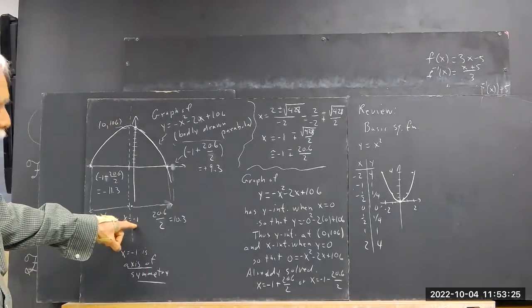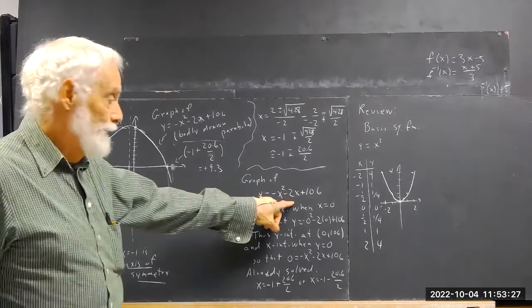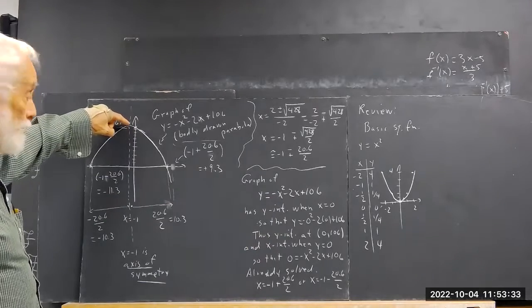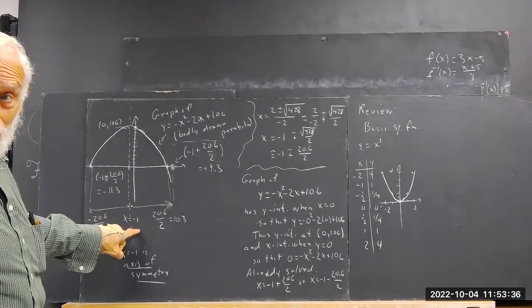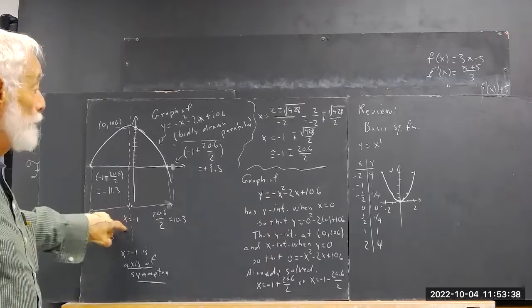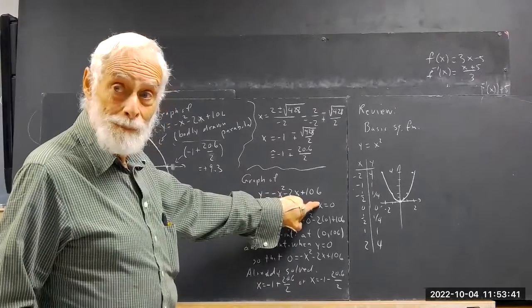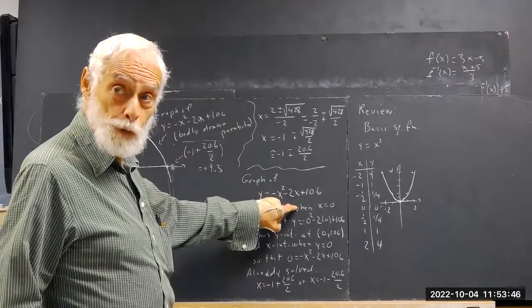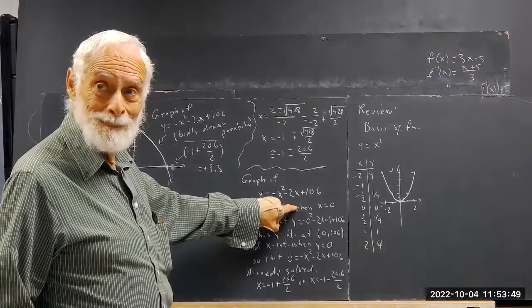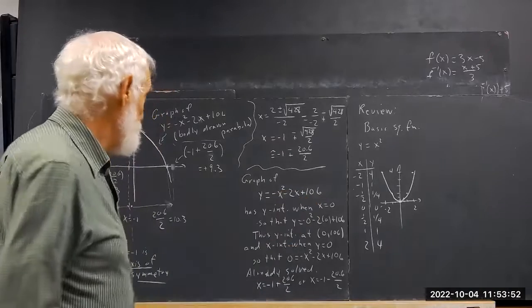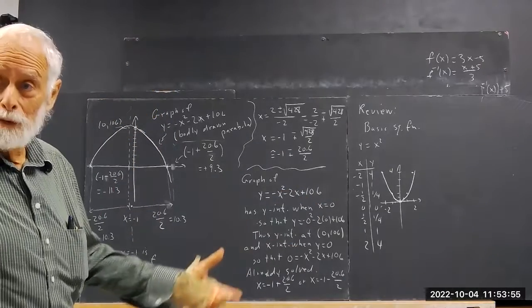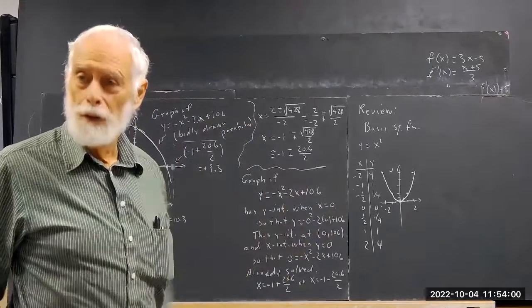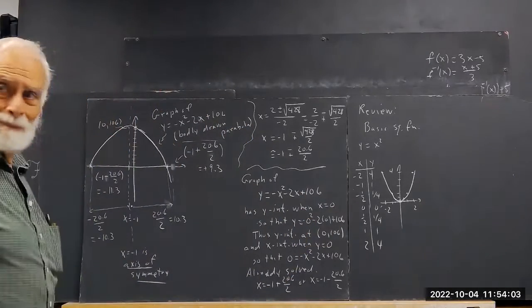I plugged x equals -1 into this, because whatever the y value here is, it's going to correspond to x equals -1. So to get the y value, I put x equals -1 into this thing, and I get 1 here, and I get 2 here, which adds up to 3. And add that to 106, I get 109. I said maybe 110. That was just a lucky guess. It was just a round number, a little bigger than 106. Looked about right.